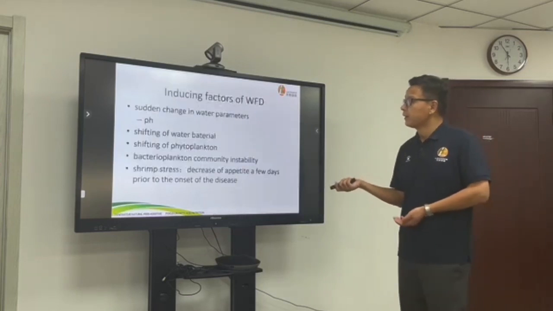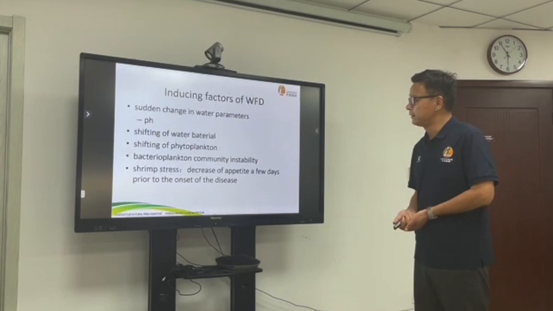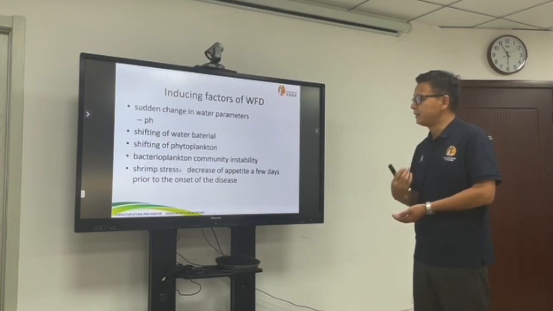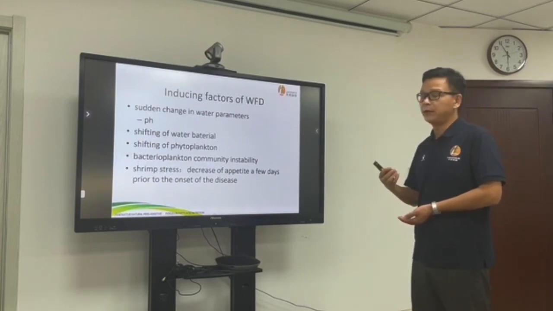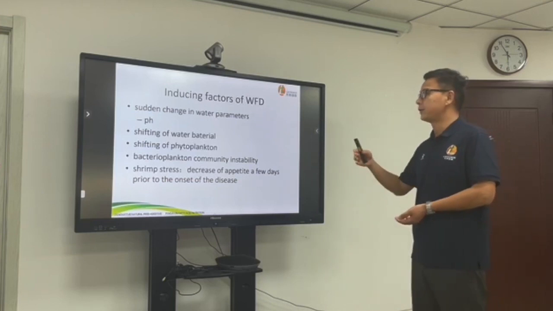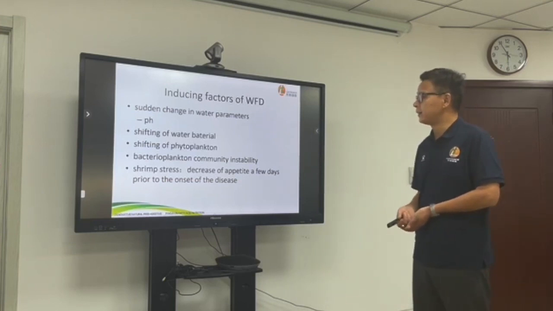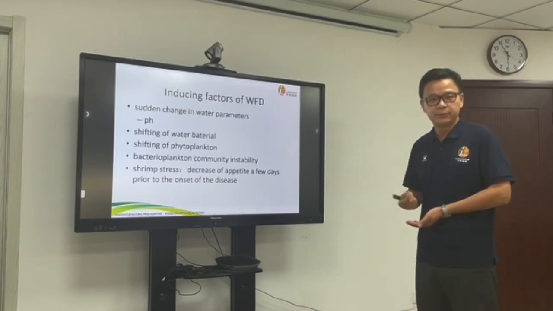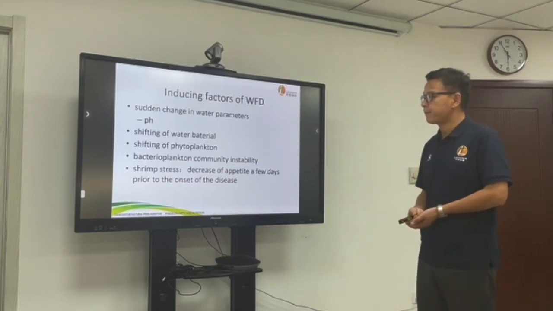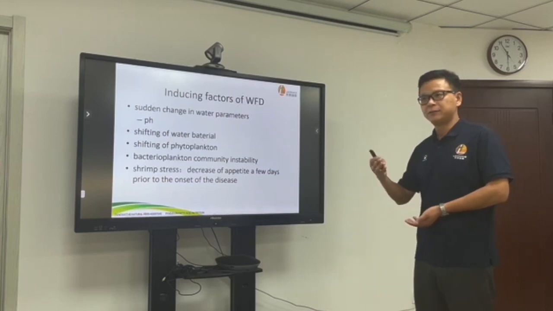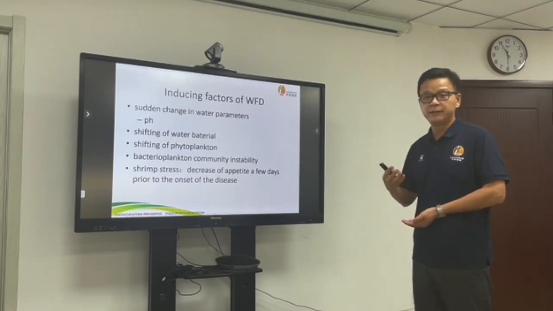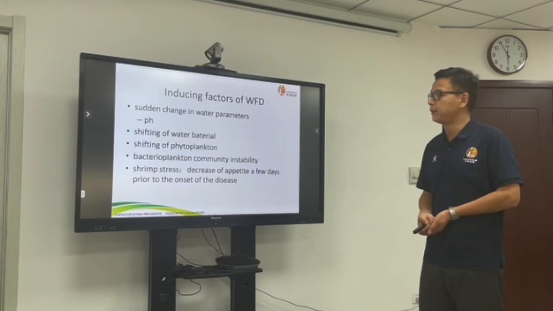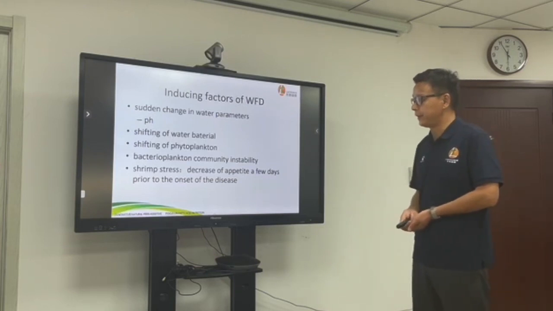Okay. So inducing factors are like sudden changes in the water parameters, and later I will give the details on these parameters, and a shift of bacteria in the water body, from the beneficial bacteria to the harmful bacteria.